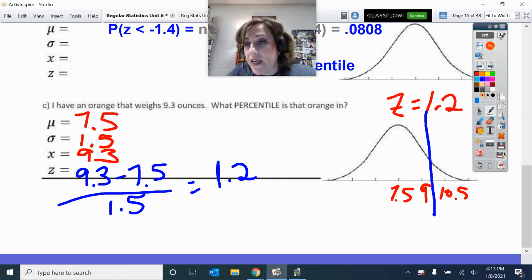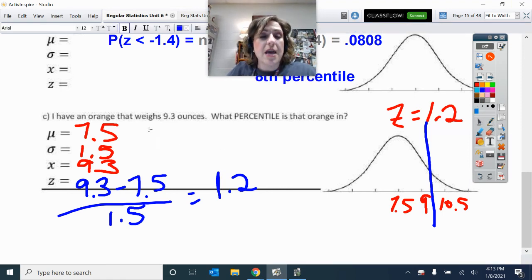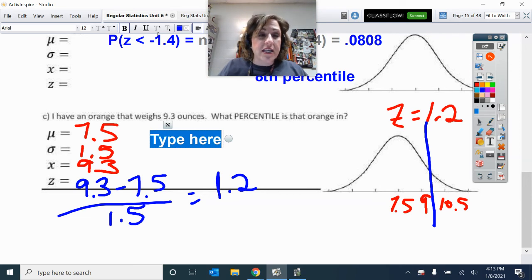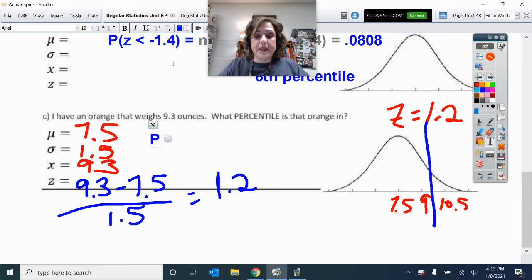So then, here is what I'm going to put. Probability notation. Don't forget that. Probability that the z-score is less than 1.2 equals.